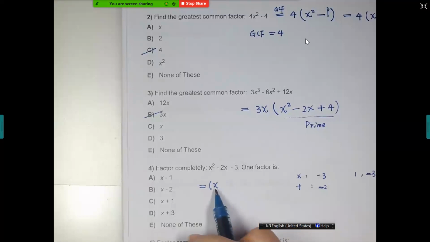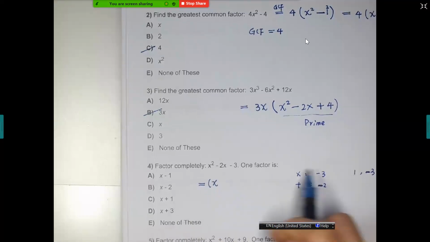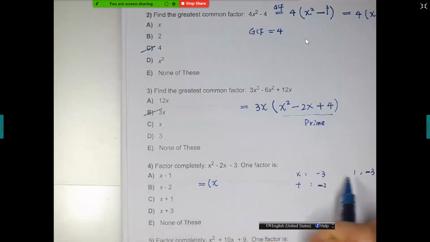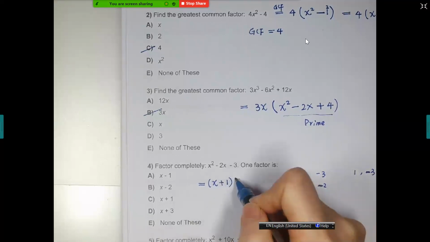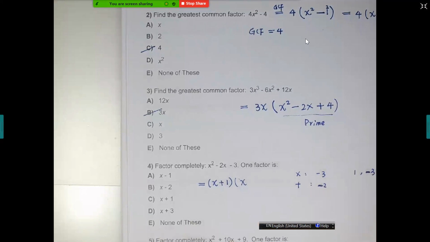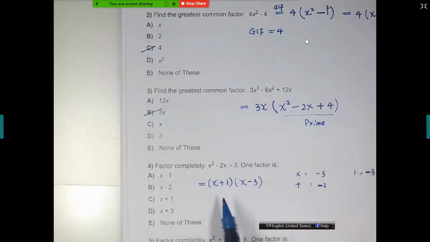Both binomials start with x. Then I put the first number into the binomial: 1 means plus 1, times another binomial that also starts with x. The second number is -3, so minus 3. All done. This is the complete factorization.